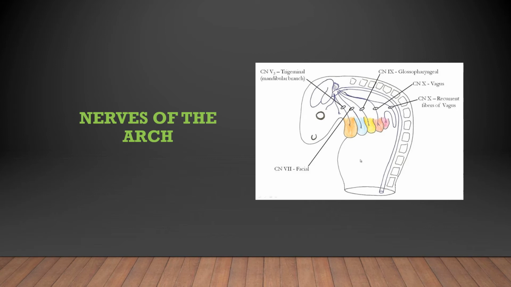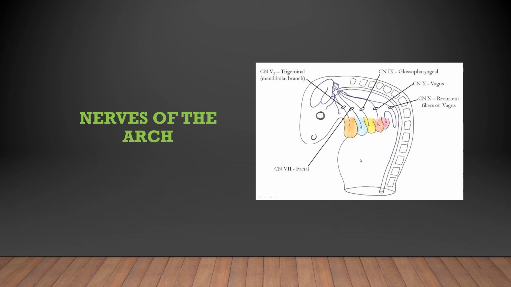In the first arch, it is traversed by the mandibular nerve, which is a branch from the trigeminal ganglion. These nerves come from the hindbrain vesicle. And the first arch, apart from the mandibular branch, gives one more branch, that is the chorda tympani.